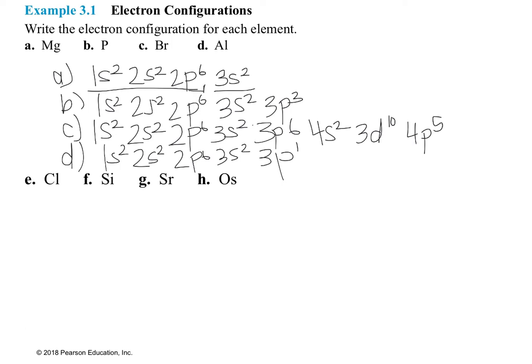If we look at whoever filled up our last p orbital, that was neon. So I could write this one as neon in brackets, saying all of those inner ones before were from neon, and then I would have 3s2, 3p1. So that's the shorthand, our abbreviated notation.